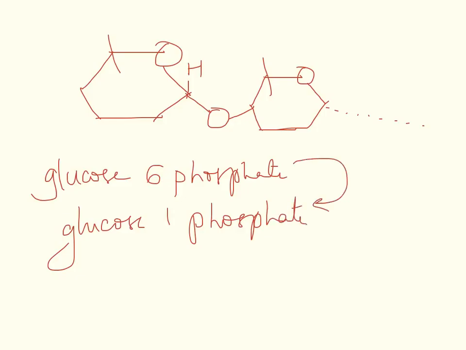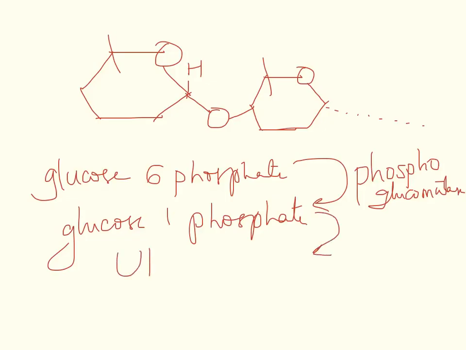This enzyme here is phosphoglucomutase. This will give UDP glucose. The enzyme involved here is pyrophosphorylase.